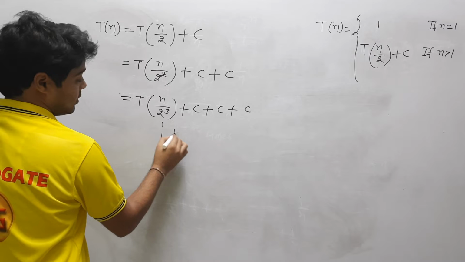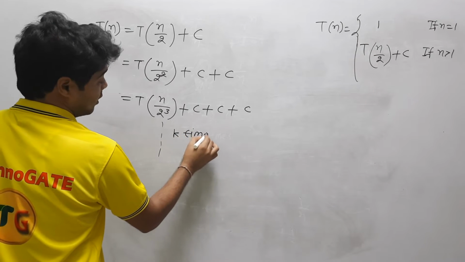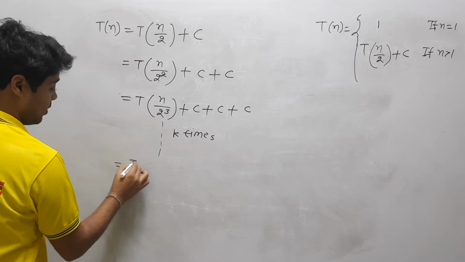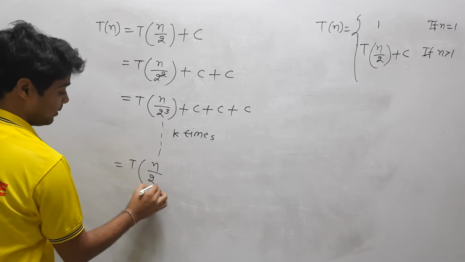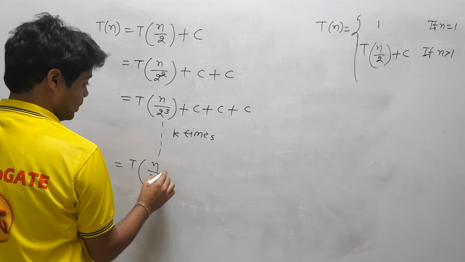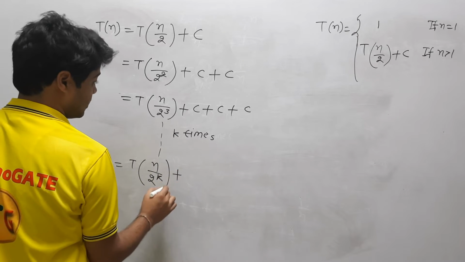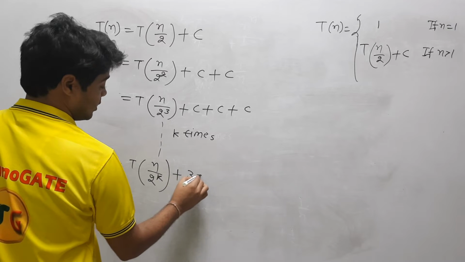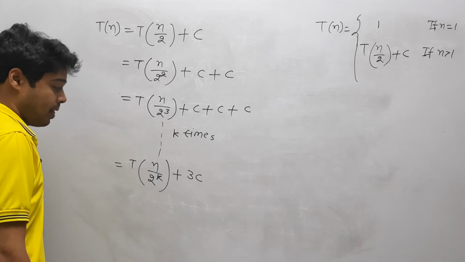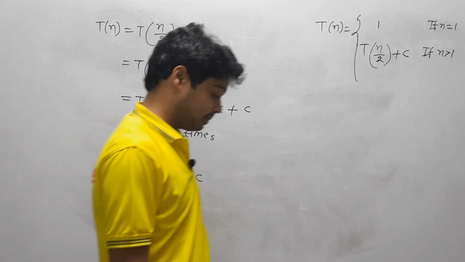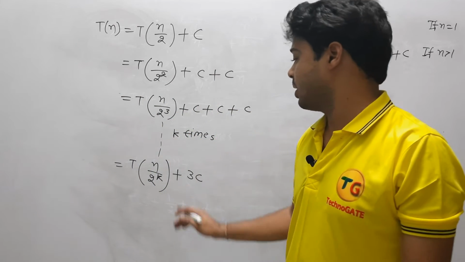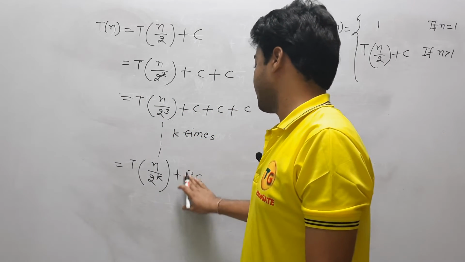Suppose it's k times, then what will happen? T of n by 2 raised to power k plus kc.